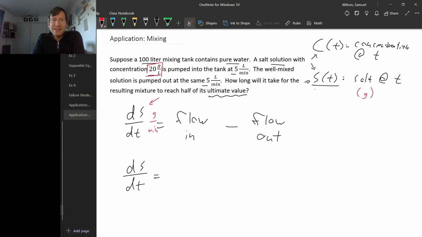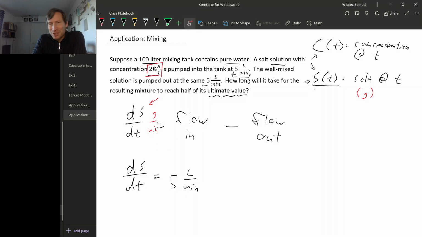Well, if we write down the flow rate of fluid coming into the tank, it isn't in grams per minute, it's in liters per minute. So we need to do something to make this 5 liters per minute of fluid flowing into the tank into the number of grams of salt per minute that flow into the tank.